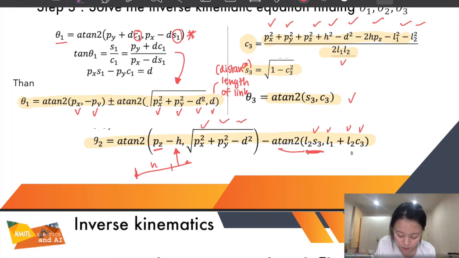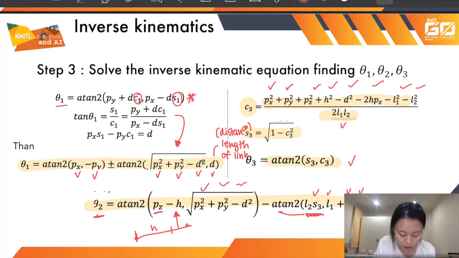We already know every value, so we can find theta 2.